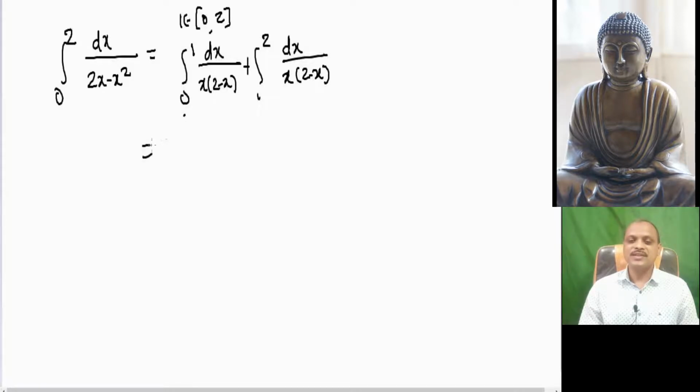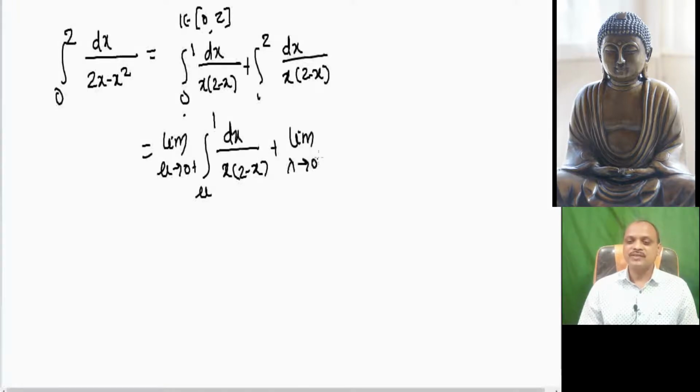That means we consider here limit mu tends to 0 from right, integration mu to 1 of dx divided by x into 2 minus x, plus limit lambda tends to 0 from right, integration 1 to 2 minus lambda of dx divided by x into 2 minus x.